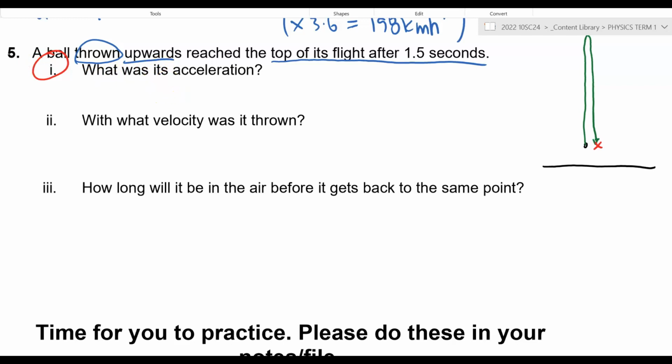What was its acceleration? As soon as it's left your hand, the force of gravity is what's accelerating it. So what is its acceleration? Our acceleration is due to gravity, and it's downwards at 9.8 meters per second squared.